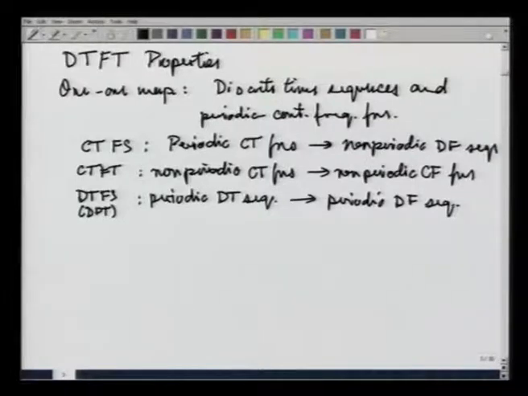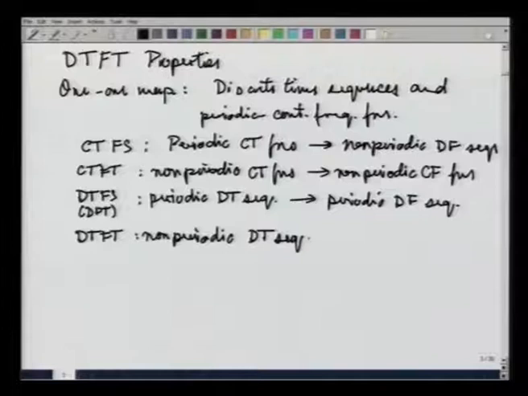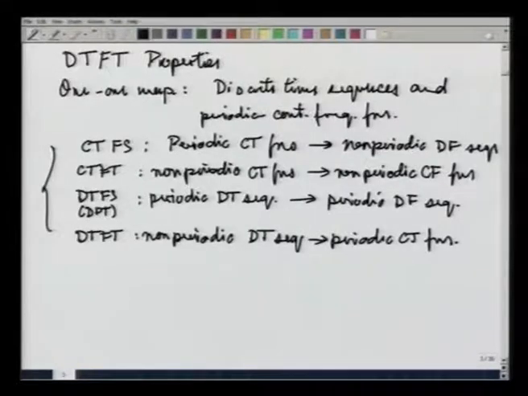So, all possible combinations, all possible pairs of continuous, discrete, periodic, non-periodic are manifesting themselves in this story. Finally, you have the DTFT, which maps non-periodic discrete time sequences to periodic continuous frequency functions. So, you see all possible combinations have occurred in one example or the other.